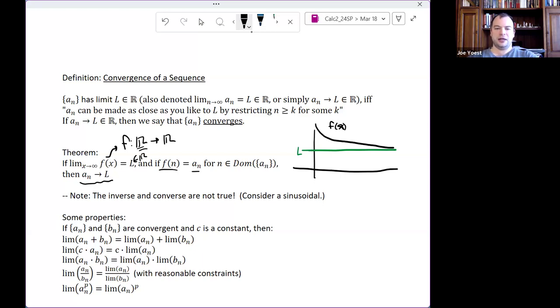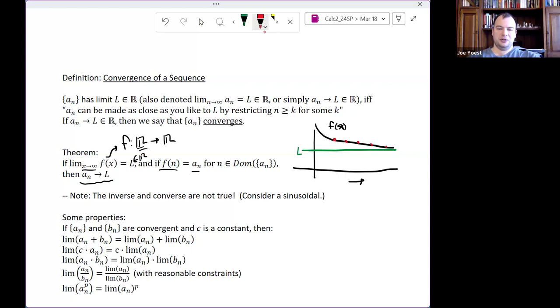The further I go to the right, this is limit x goes to infinity, the closer every one of the points on f gets to L. If I get my sequence by just plucking a point here and a point there off of this curve, and all of the points on f of x get closer and closer to L and satisfy this limit condition, then certainly the sample points, the points here and there that I pluck off of f, certainly they get closer and closer to L as well.